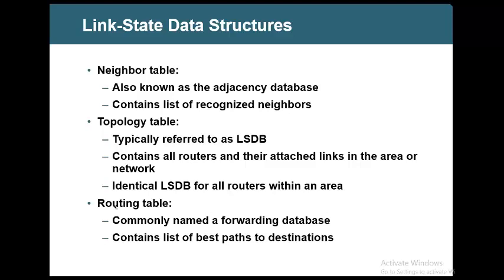Now, same like EIGRP, we see three tables here: neighbor table, topology table, routing table. Let's go from down. Routing table, you know very well, all the best paths for each destinations will be seen there.